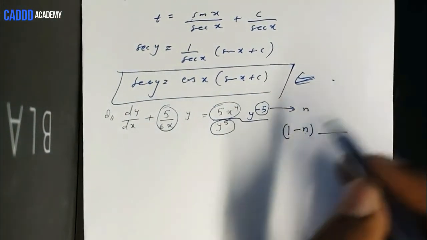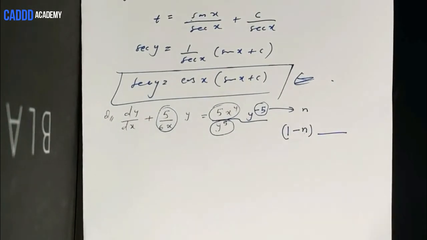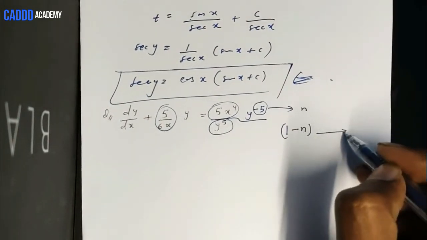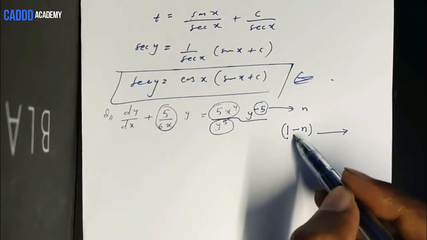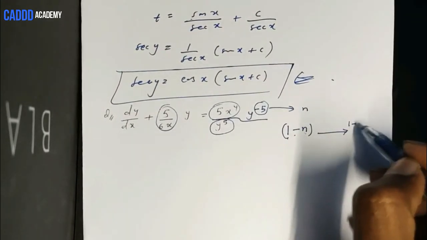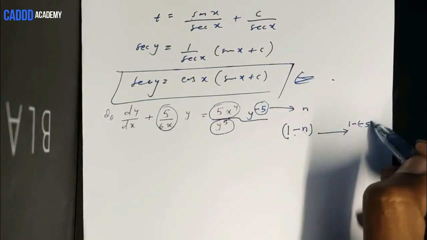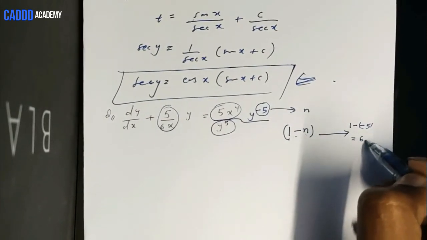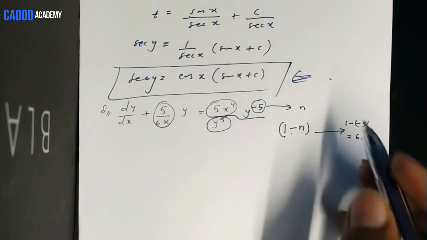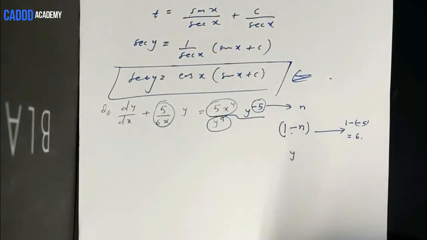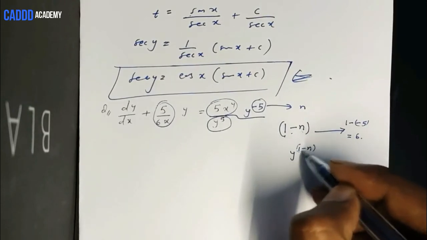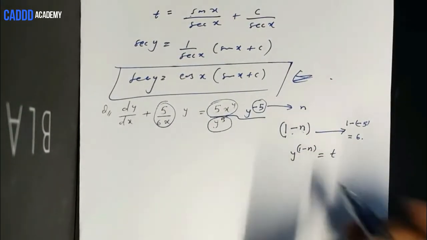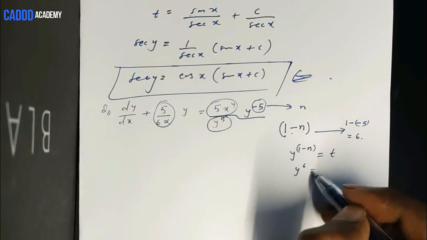Then this equation will be converted into a linear differential equation. So what is 1 minus n? It is 1 minus 5, which is 6. At the same time, y to the power 1 minus n is equal to t. So y to the power 6 is equal to t.